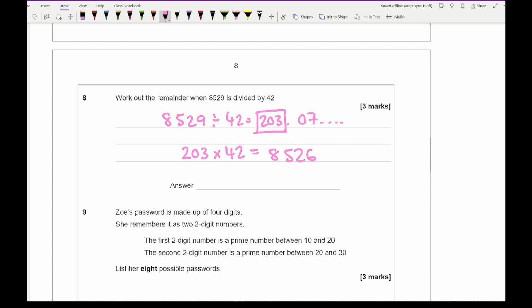So if I then do 8,529 minus 8,526, I work out the difference, which is the remainder, which is 3.